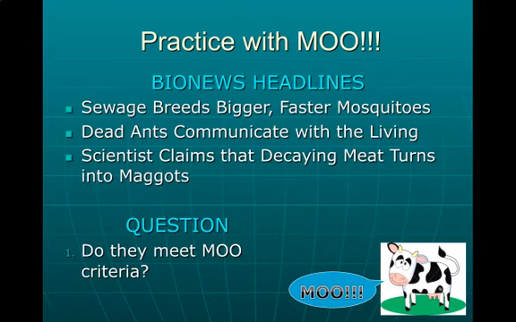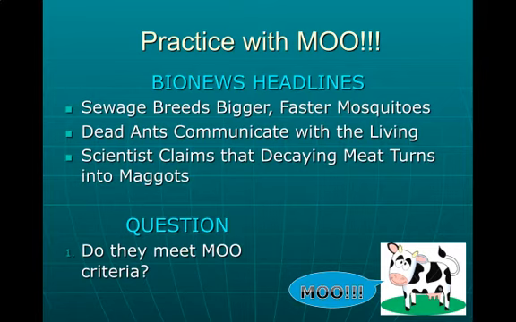Okay, and the last one, scientists claim that decaying meat turns into maggots. Okay, so is it measurable? Yeah, you could count the number of maggots. So you could look at fresh meat versus decaying meat and maybe see how many maggots are in each. Is it observable? Well, of course you could look at the maggots there, but for the observation part, you've got to look at what this is actually claiming.